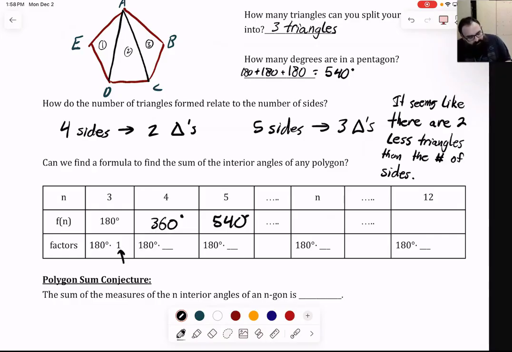What do you think we'd be timesing by right here and right here? 2 and 3? Now the question is, what do those 2 and 3's represent? Number of triangles. Right there, right there, right there. The number of triangles.